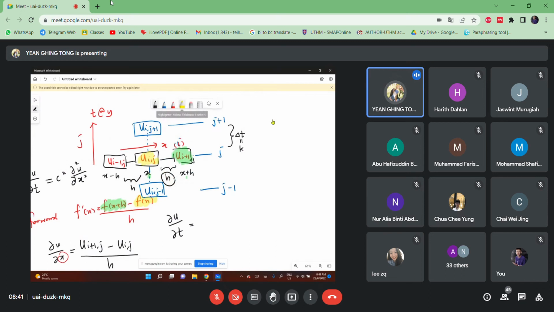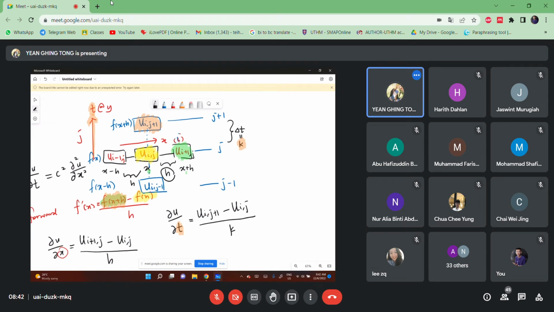F of X masih sama, U I, J. Cuma kat sini F of X plus H, because this is T, that means over here, T. So this is F of X plus H, and this is F of X, and this is level X minus H. So it will become U I, J plus 1 minus U I, J divided by the step size, we use K. So boleh. Nampak tak apa perbezaan?